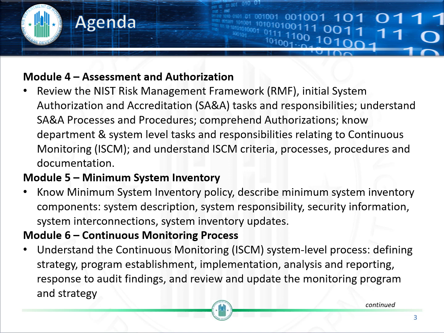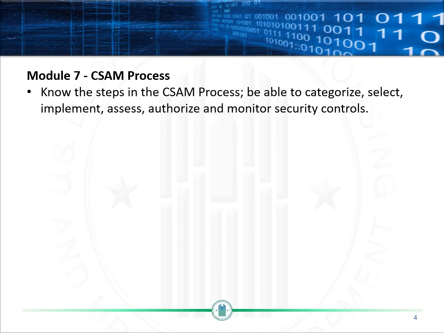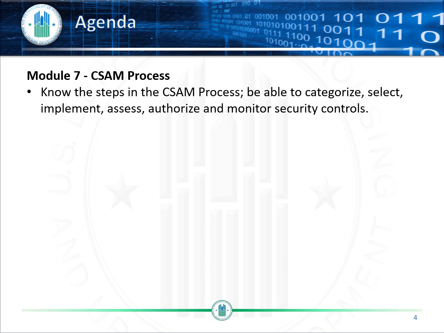Module 6, Continuous Monitoring Process, will address understanding the continuous monitoring ISCM system level process, defining strategy, program establishment, implementation, analysis and reporting, response to audit findings, and review and update the monitoring program and strategy. The module also covers supporting ISCM technologies. Module 7, CSAM Process, will address steps in the CSAM process.